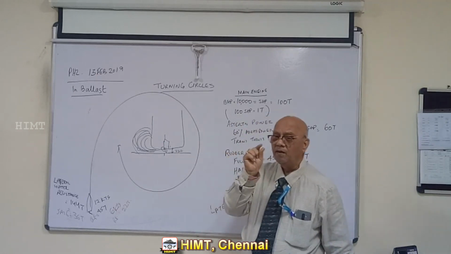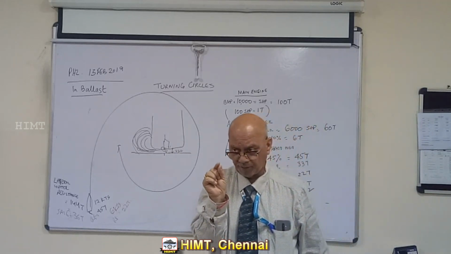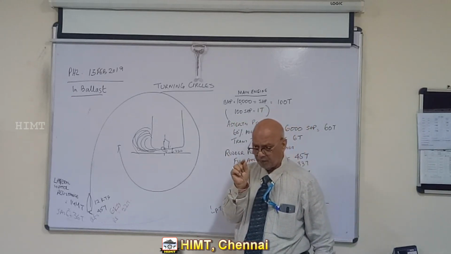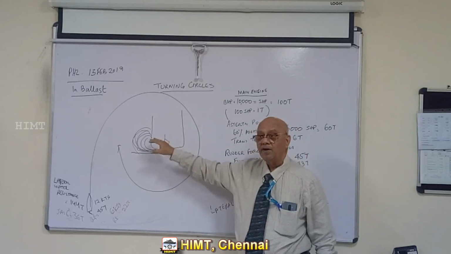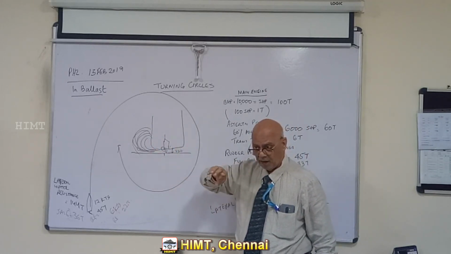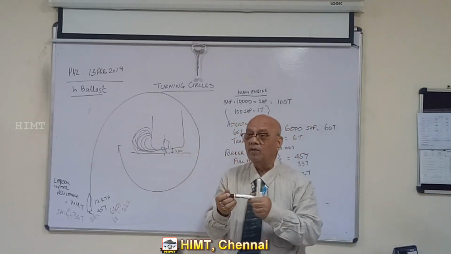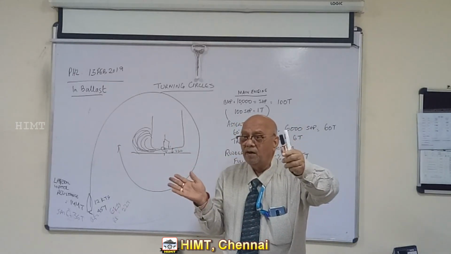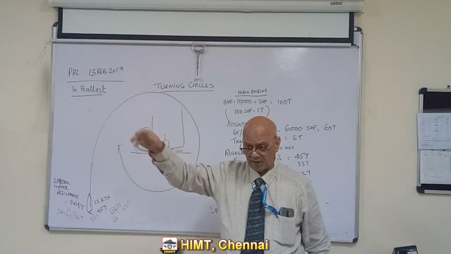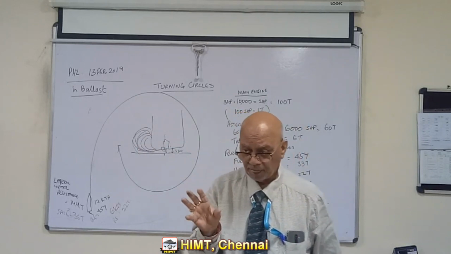Your drift angle will become very small. Right? The drift angle will become very small in loaded condition, but in the ballast condition, you are able to skid over the water, and your drift angle will become larger.